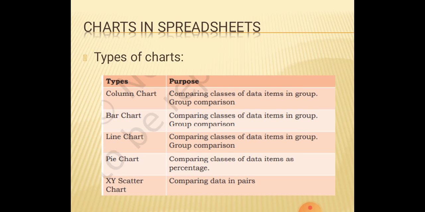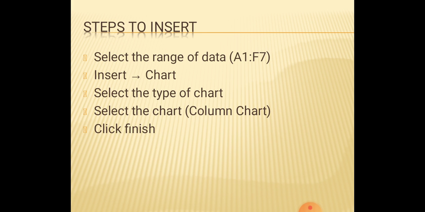Next one is pie chart. By grouping the data items into one and dividing it into its equivalents, that is called a pie chart. XY scatter chart is comparing the data in the form of pairs like x comma y points. So we will be pointing, right? That is called a scatter chart.